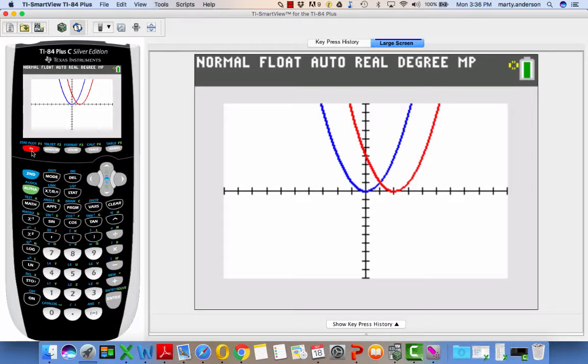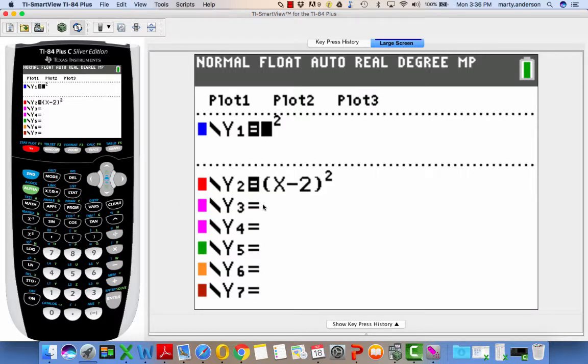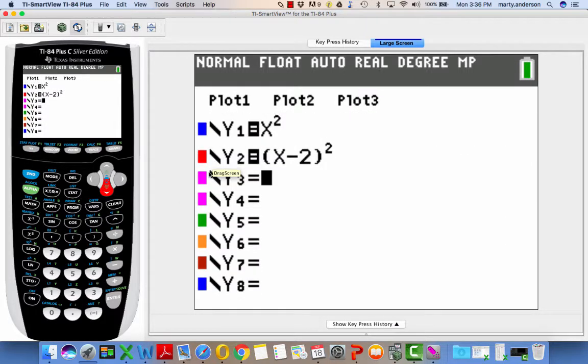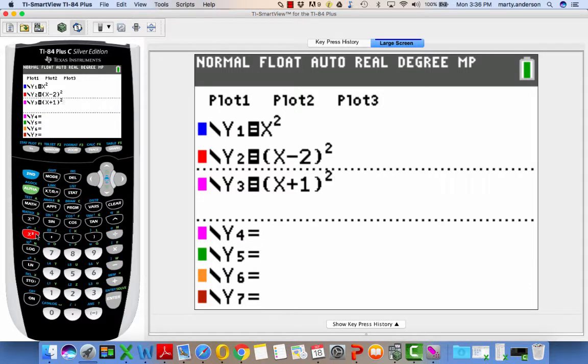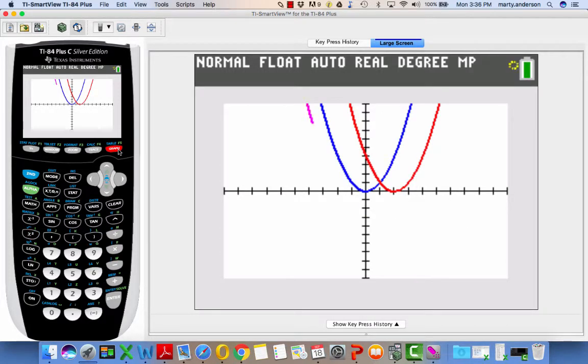Let's try that one. Y equals x plus 1 squared. Notice this is in parentheses now. So this is the difference between adding or subtracting to the entire function compared to adding or subtracting to just the value before we square it.